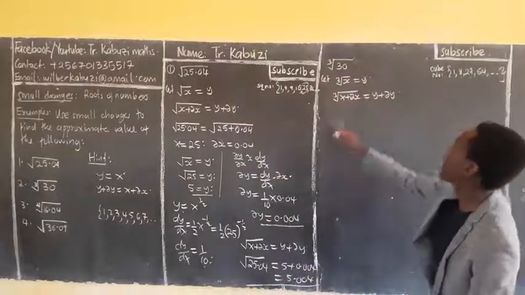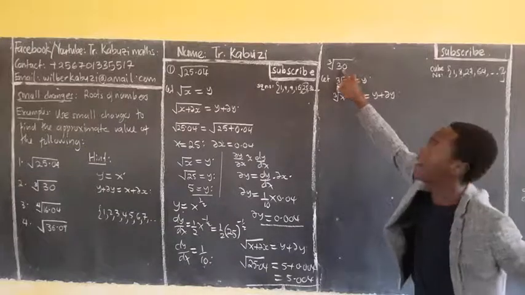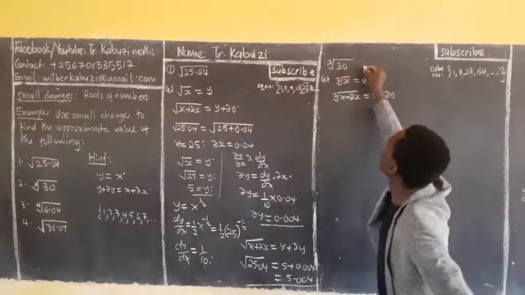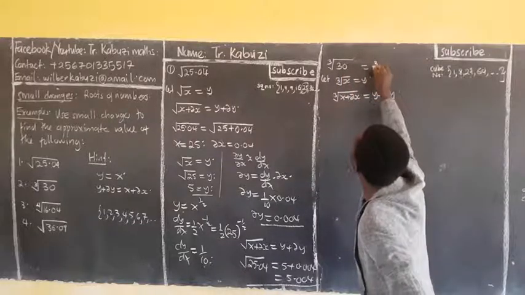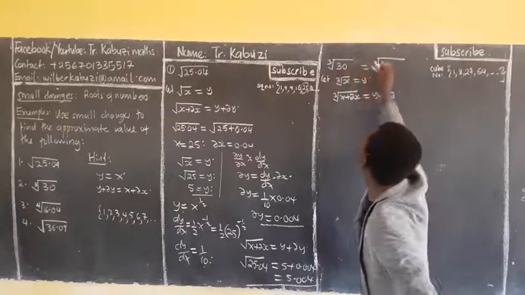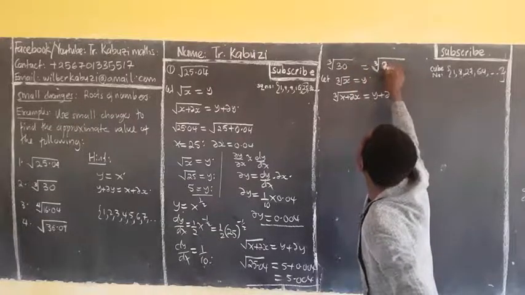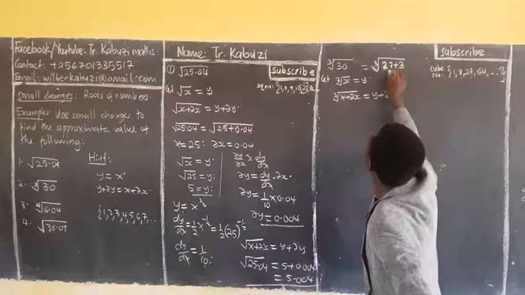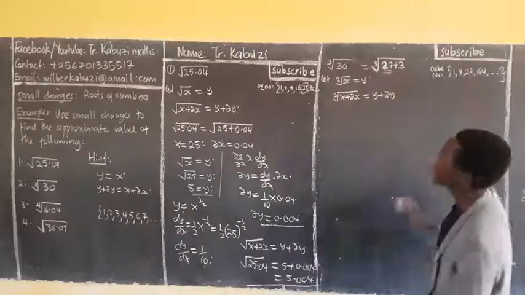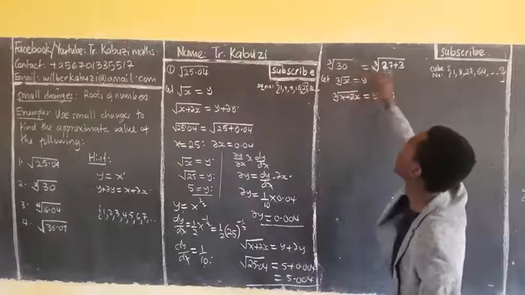So now the first cube number after 30 is 27. Now, 30 is the same as 27 plus 3. Why? Because the first cube number is 27. That's why I express it in terms of this.